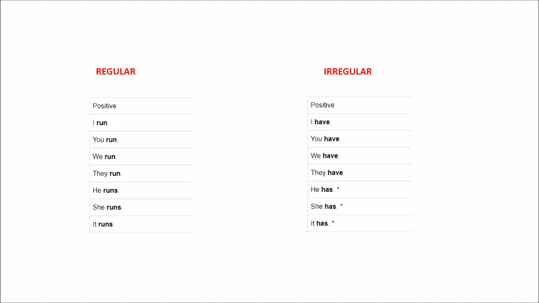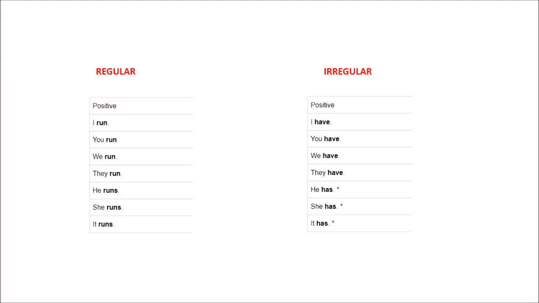So here, it has is irregular, but as you can see, he, she, and it are different, but it has an s. In present, the rule for both regular and irregular verbs is that you just add s to the verb.